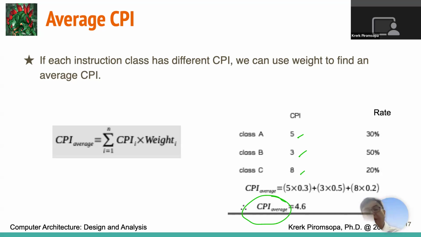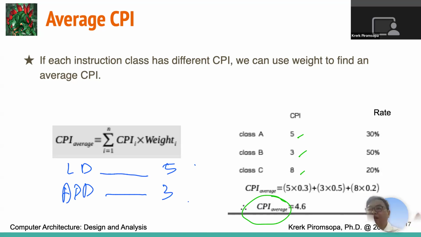So when you write software, like in embedded system programming, the one you took in the first year, you would write some code. You load something, maybe this is 5 cycles. You add something, maybe that is 3 cycles. So each instruction has a different number of cycles.